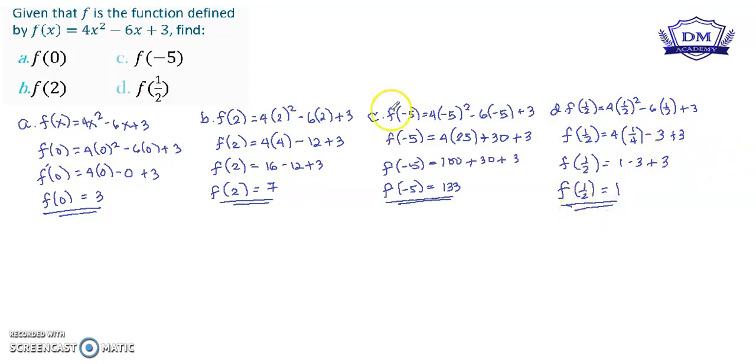For this problem, as you can see, we just substituted numerical values, 0 to negative 5 and 1/2. What if we substitute an expression into our given function? Let's have another problem.